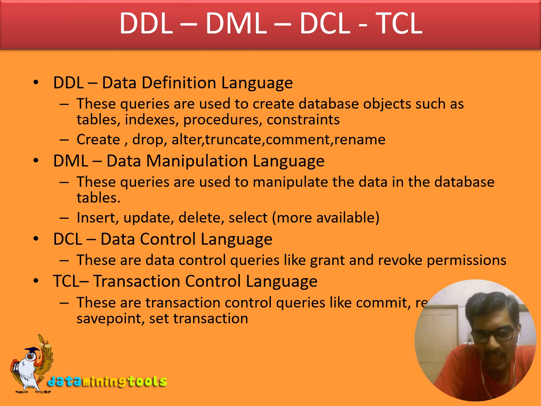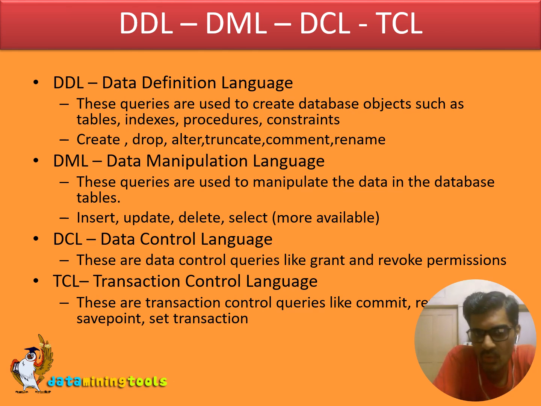Tables are tables, and an index is like a pointer to the table. You index it, and procedures are a set of instructions that are executed and which are triggered. So that's that. Next, data manipulation language. Data manipulation language is where you can query the data.